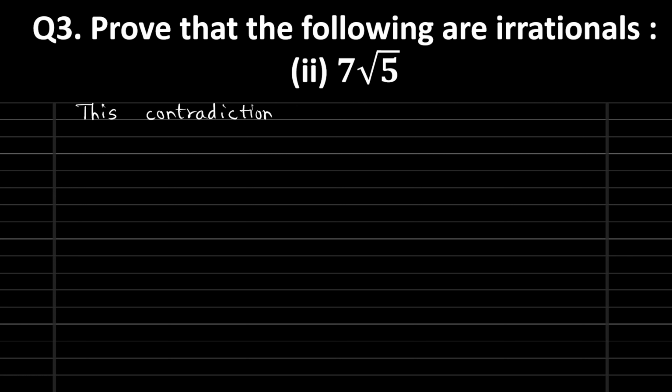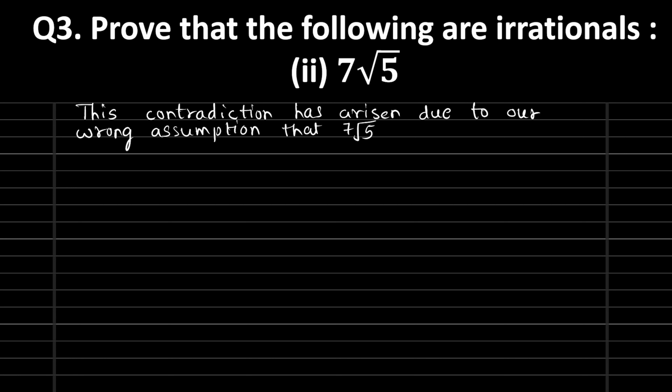So we will write down that this contradiction has arisen due to our wrong assumption that 7 root 5 is a rational number.